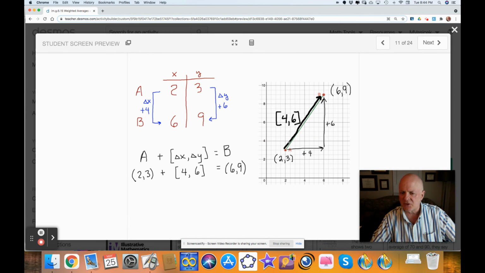So this is the directed line segment from A to B. So if I add to A this directed line segment, which is my change in x and my change in y, it'll take me all the way to B. That is, I take the point (2, 3) plus <4, 6>, and it gets me to (6, 9). Now that's if I'm going all the way from A to B. What if you wanted to go only halfway? What would that look like?